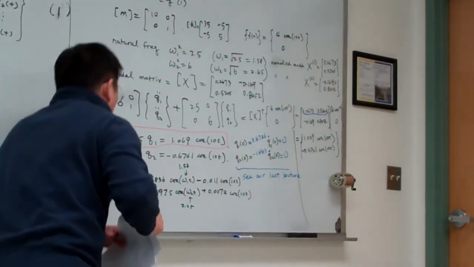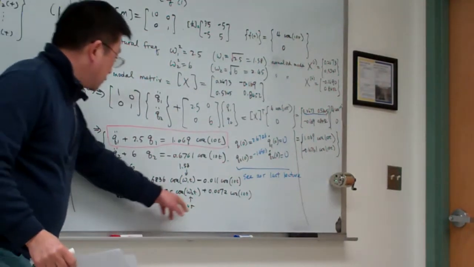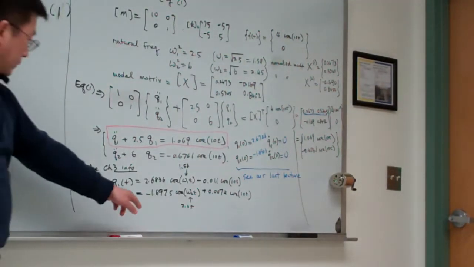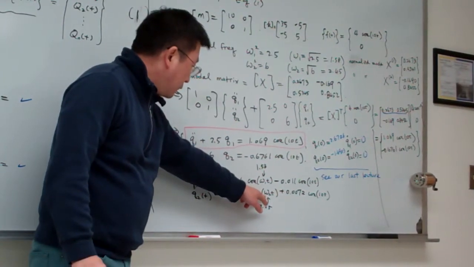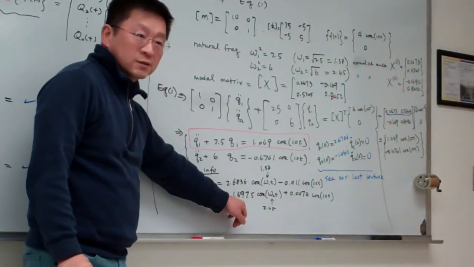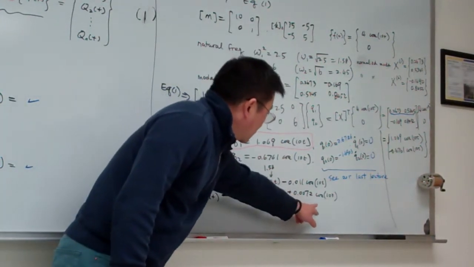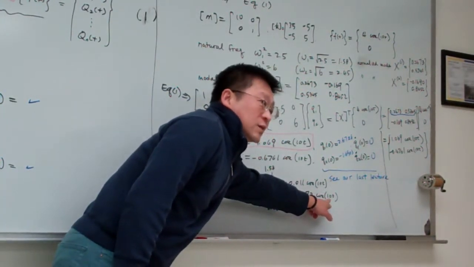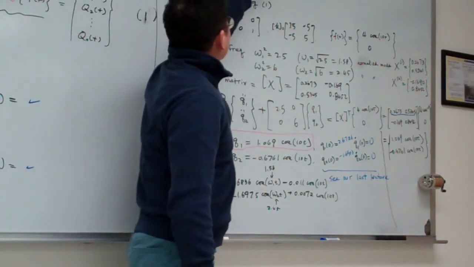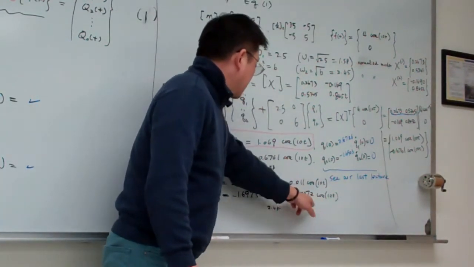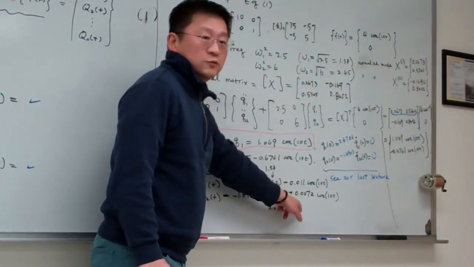So again, for the response of Q2, we have two terms. The first term involves the natural frequency, so that is the influence from free vibrations. The second term involves our working frequency, 10, which is given here, so the second term is the forced response.